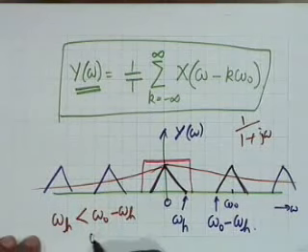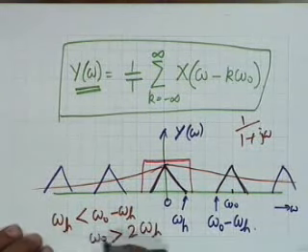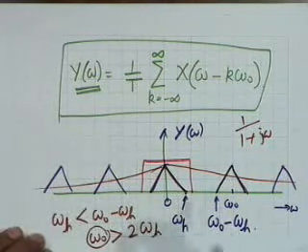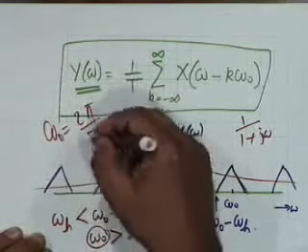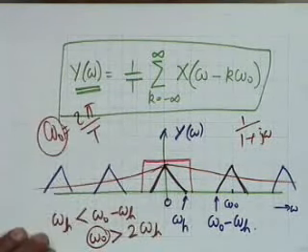All right. That means omega 0 must be greater than twice omega h. And omega 0 is the sampling frequency. I have changed the subscript, it should have been omega s, but omega 0, as you recall, is 2 pi by T, 2 pi divided by the sampling interval, and therefore this is the sampling frequency.